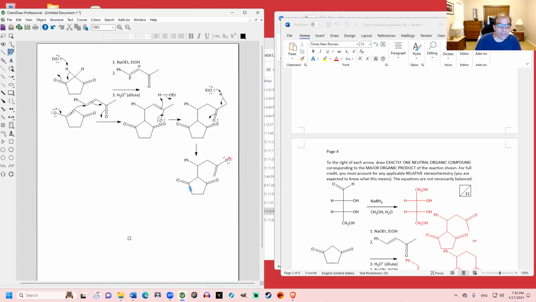There we go. So that these 2 carbons would be near each other, and you can see that you'll get a 6-membered ring. 1, 2, 3, 4. No, you don't have to write the numbers to get credit, but it makes it easier to see.